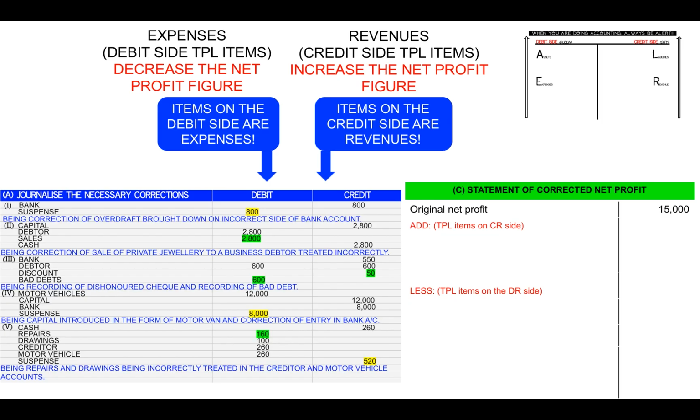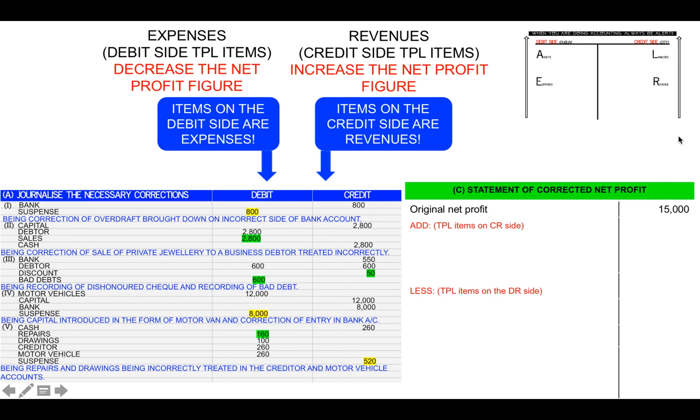So thinking about it, looking at our alert again, when we have an expense, that obviously reduces my net profit figure. So any expense on the debit side is going to reduce my net profit figure. Any expense on the credit side is going to increase my net profit figure, because an expense on the credit side is an expense reducing.